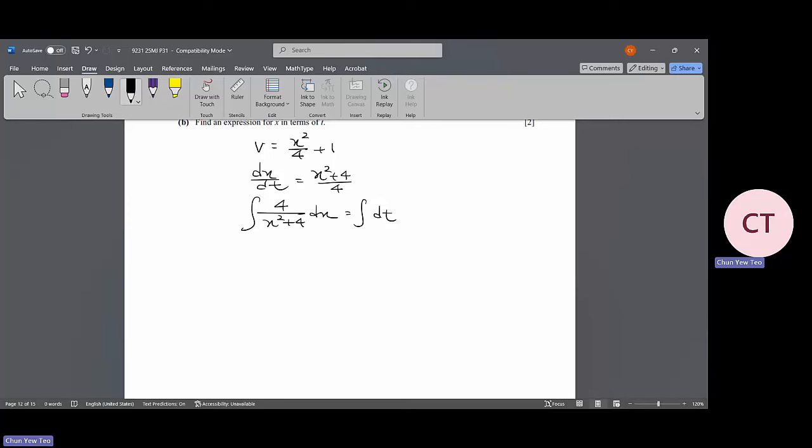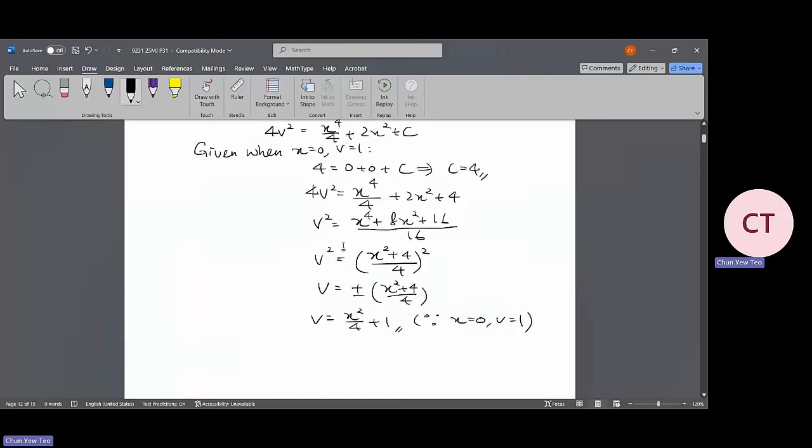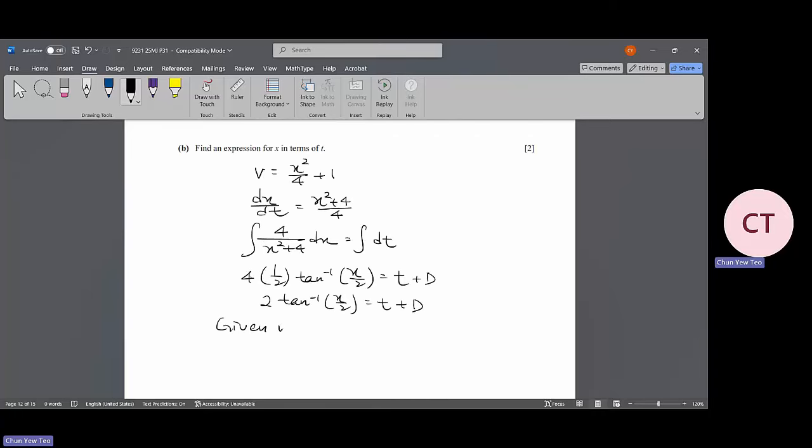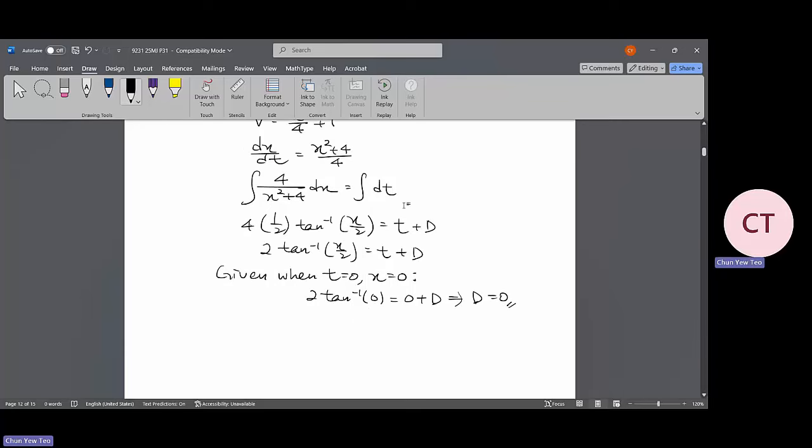This one is in the formula booklet. It is an arctangent, so it's 4 multiplied by a half arctangent of x over 2 equal to t plus d. Then this one is 2 arctangent of x over 2 equal to t plus d. Then check back the initial value: when t equals 0, x is equal to 0. So 2 arctangent of 0 equals 0 plus d, which gives d equal to 0. So 2 arctangent of x over 2 is equal to t.